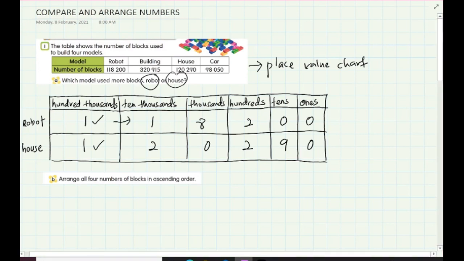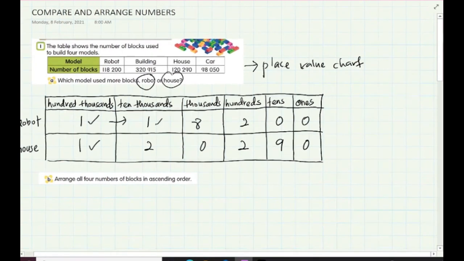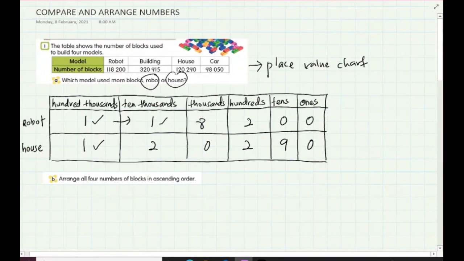Okay, when we look at the 10,000, we find out that for robot is about 10,000. And for house is about 20,000. So now we can identify and we can compare which one is the more value, or which one is which model use more blocks.